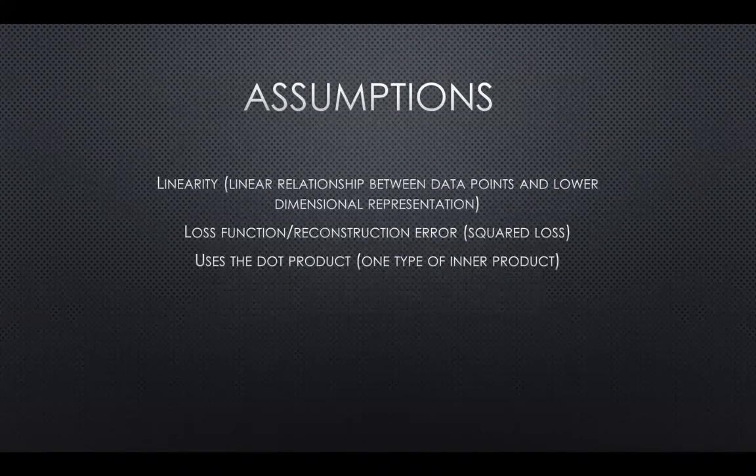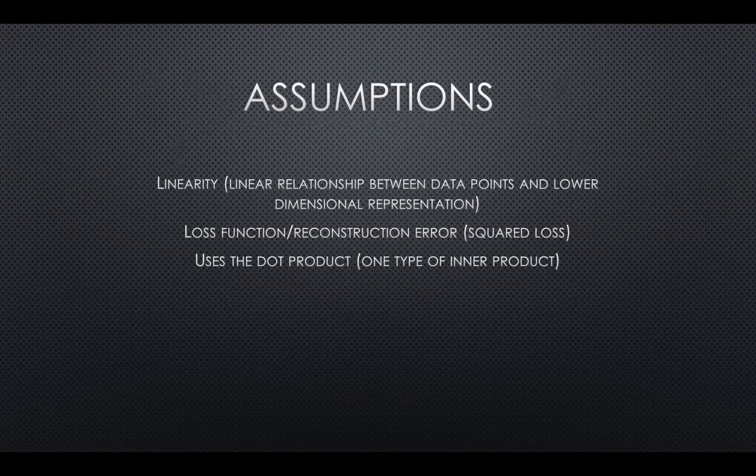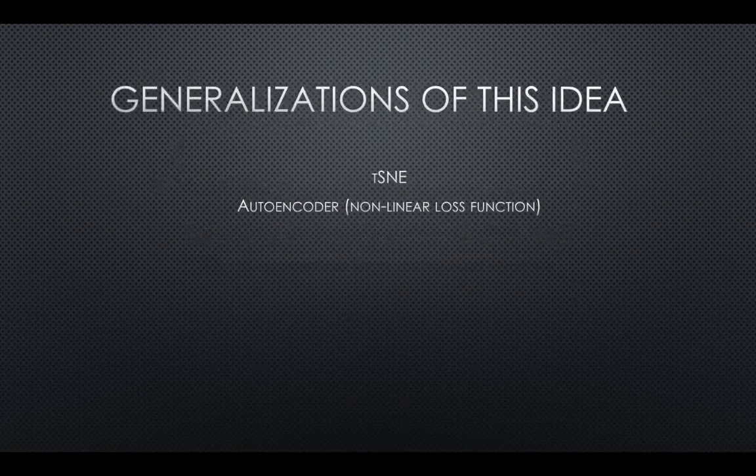And then PCA uses the dot product, which is one type of inner product, which, without going into a lot of technical details, is the generalization of distance or length in arbitrary dimensions. So these are all the assumptions that PCA makes. You can relax these assumptions, and this would lead to algorithms like t-SNE, for example, which uses a different loss function, or an autoencoder, which has a nonlinear loss function and a different kind of distance metric.